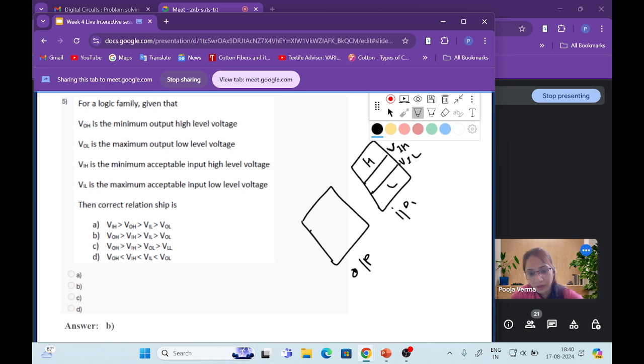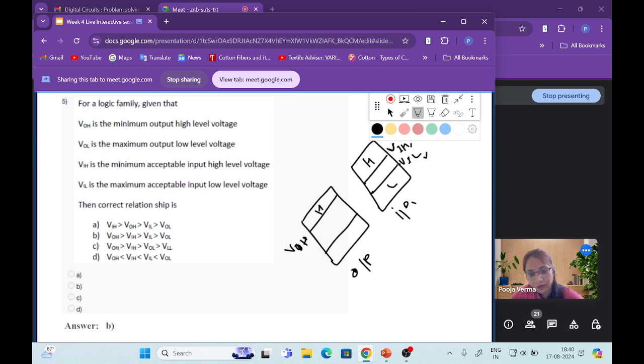The output will always accept a range lesser than the input voltage because of some noise or corruption in the signal. Let's see, this is the high level voltage of the output. O represents the output voltage and I represents the input voltage. H represents the high level and L represents the low level.